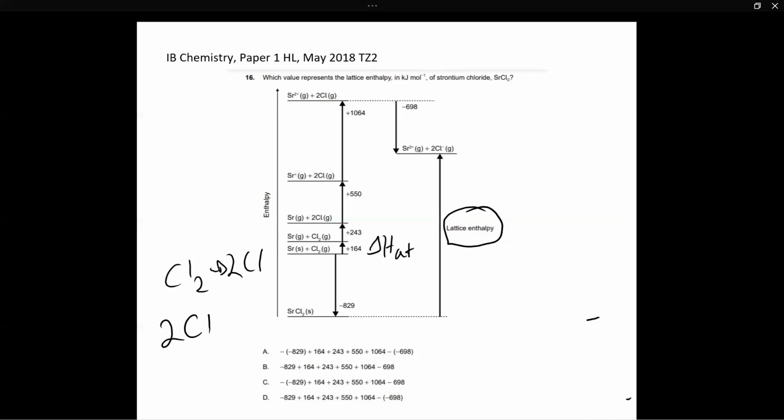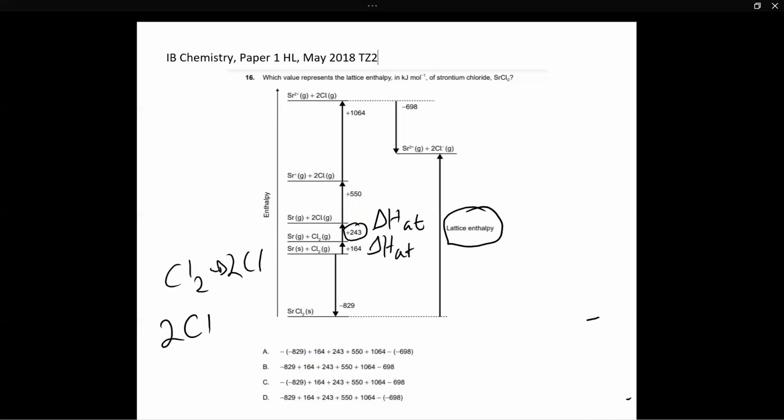And this is also an enthalpy of atomization, because we are breaking down whatever this bond over here is, and we are getting 2 moles of individual chlorine atoms. And now you might be a bit confused, because earlier I mentioned that enthalpy of atomization is the enthalpy change when 1 mole of gaseous atoms is formed from an element under standard conditions.